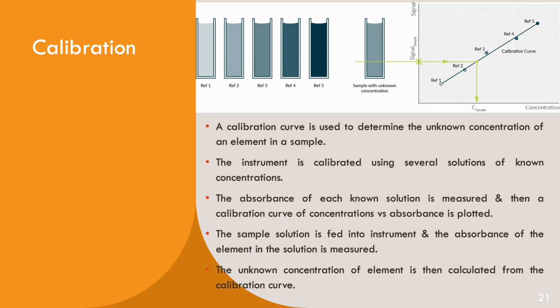After you identify the absorbance, you draw a line from the absorbance to the line created by the calibration curve just now. So the concentration of your sample can be obtained from that calibration curve. So that's simple.